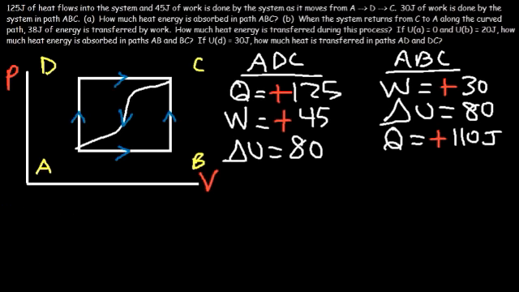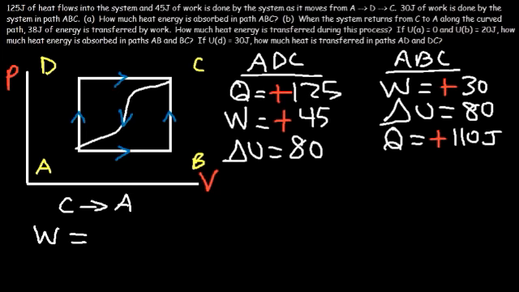Now what about the next part? When a system returns from C to A along the curved path, that's the path in the middle, 38 joules of energy is transferred by work. Is this energy transfer positive or negative?